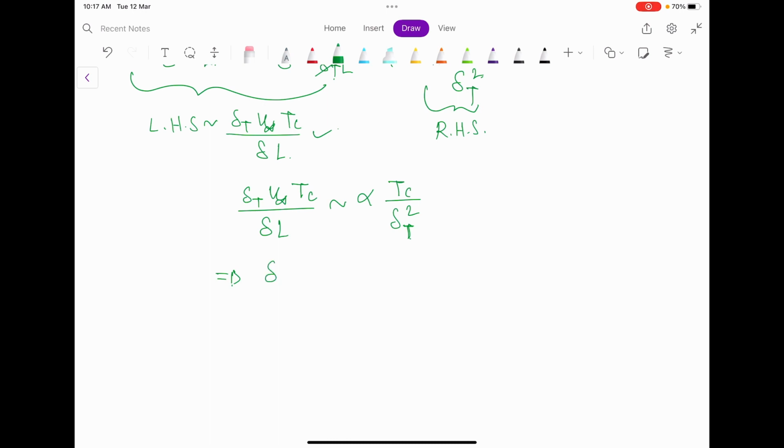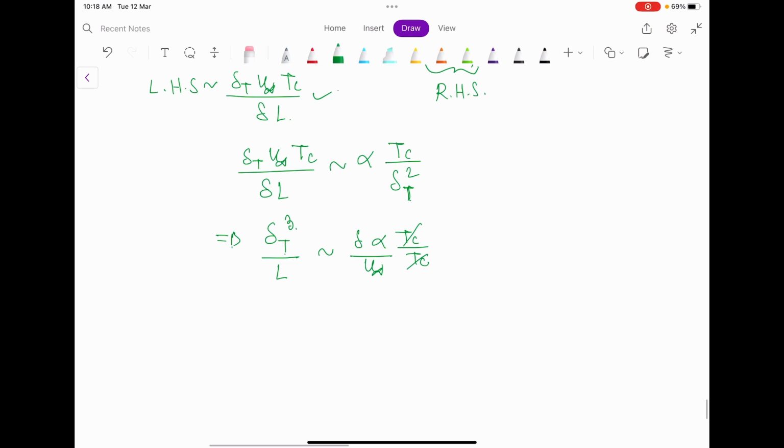So delta t whole cube by L is equal to delta alpha Tc by Tc by u infinity. So Tc and Tc will be cancelled out, and let us multiply L square on both sides, so this will be L square u infinity.